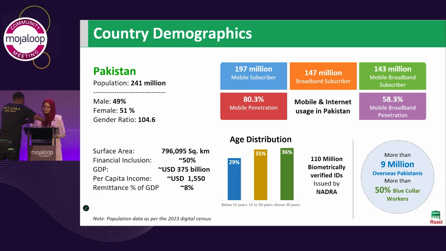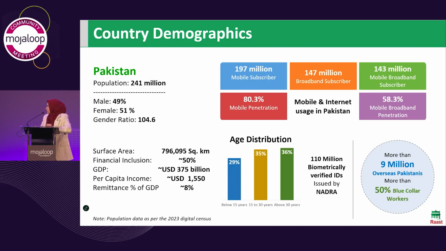So I'll start with the demographics. We're a pretty big country with a population of over 241 million people, with more than 51% female population. As you can see, the penetration of mobile and internet usage is pretty big in the country, and also the age distribution is pretty much inclined towards a younger demographic.